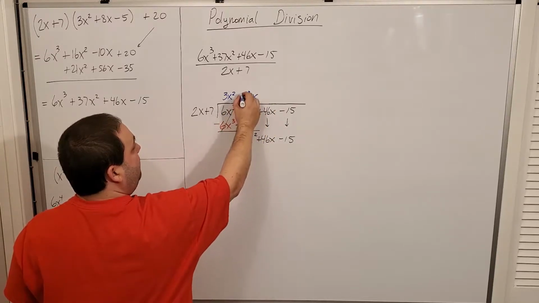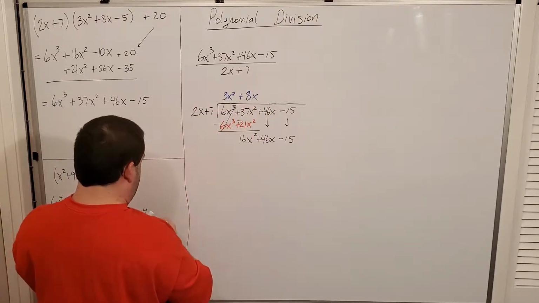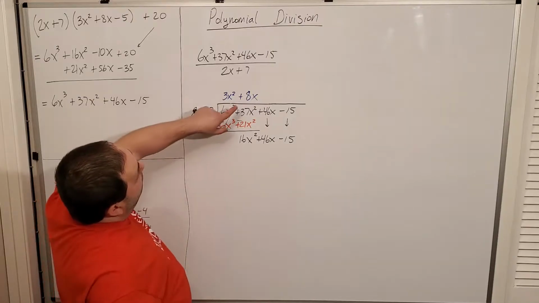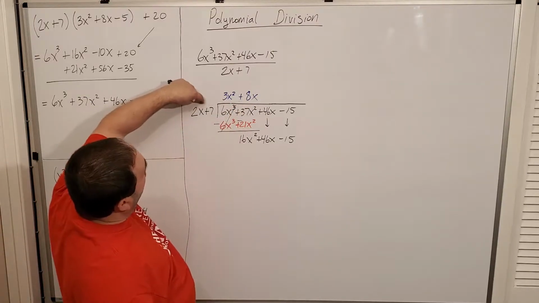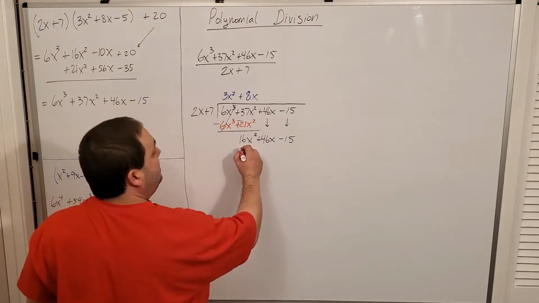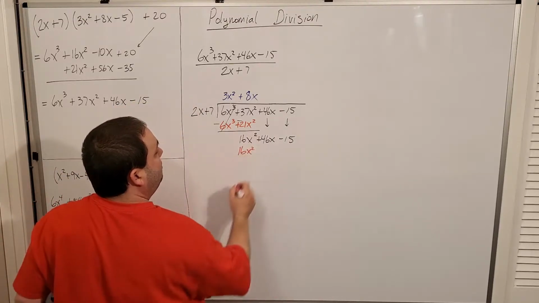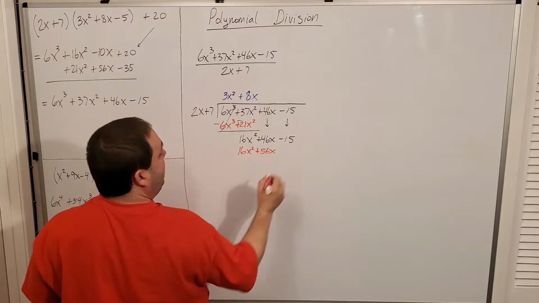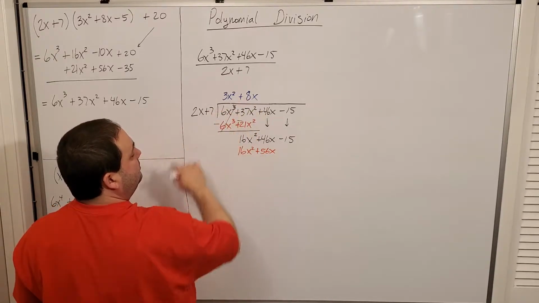I'm going to keep this positive because that matches the 16. And then, just like before, I multiplied that 8x times all of this out here. That gives me 16x squared and plus 56x, right? Because 8 times a 7 there.